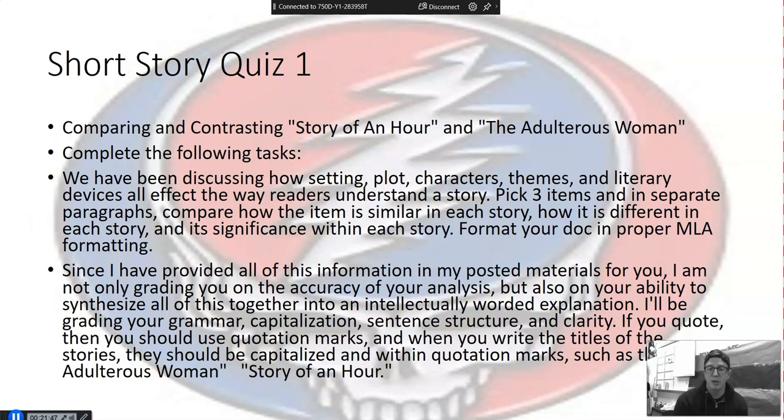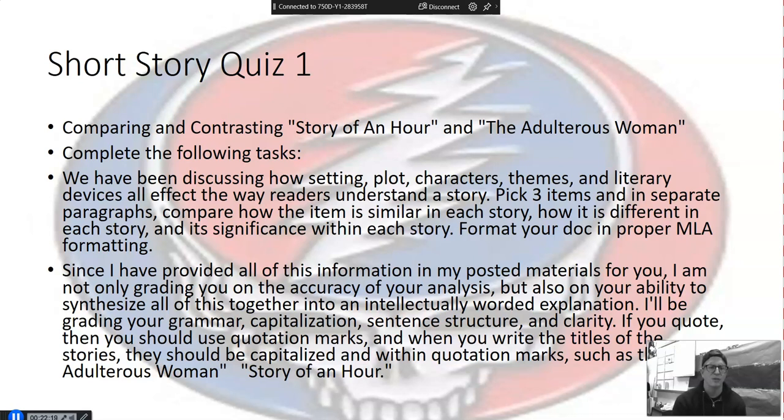So you're going to pick 3 of those items, 3 pieces of symbolism, 3 things that they have in common, but also discuss how they're different. Since I have provided all this information in my post materials, I am grading you not only on the accuracy of your analysis, but also on your ability to synthesize all of this into an intellectually worded explanation. I'll be grading your grammar, capitalization, sentence structure, and clarity. If you quote, you should use quotation marks.